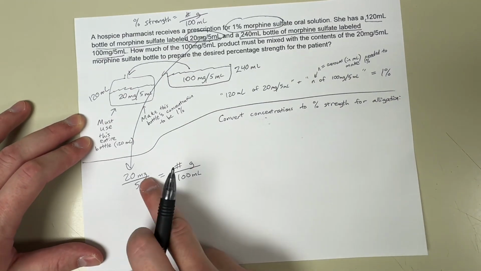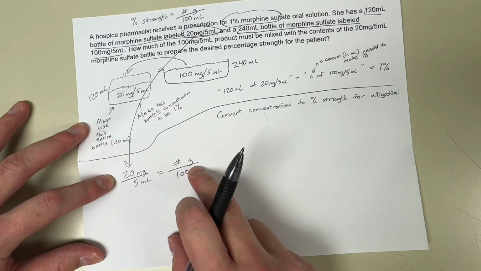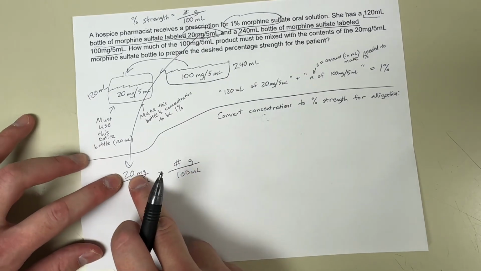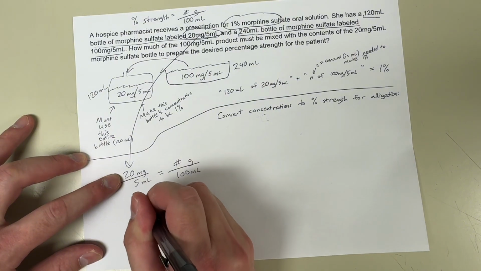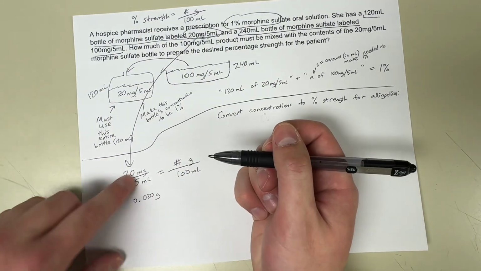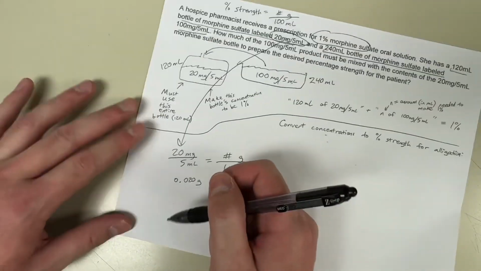But make sure you realize that this concentration is in milligrams, and the percent strength is always in grams. So sometimes I like to just convert this 20 milligrams right away to grams. 20 milligrams is the same thing as 0.020 grams.